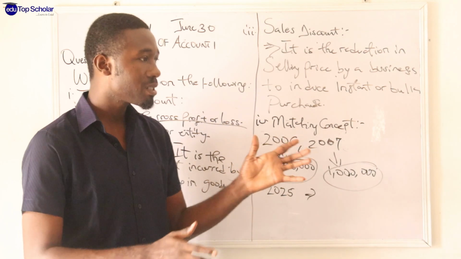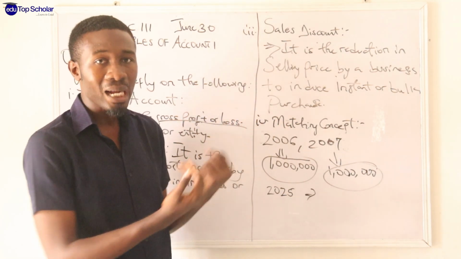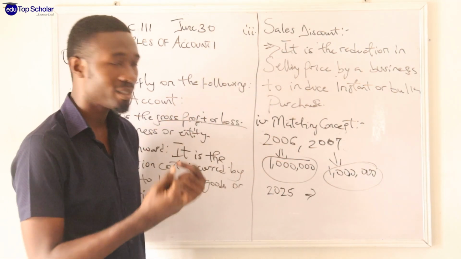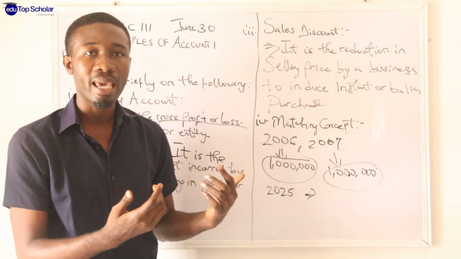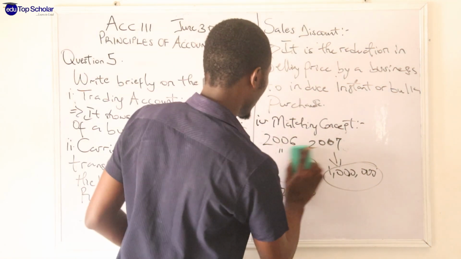So you match the expenses to the time that they were actually incurred, and revenue to the time that it was actually received or earned. That's what this concept is saying. Matching concept.